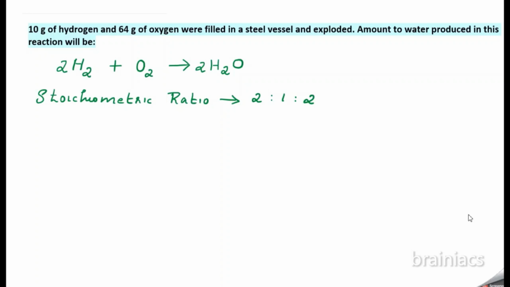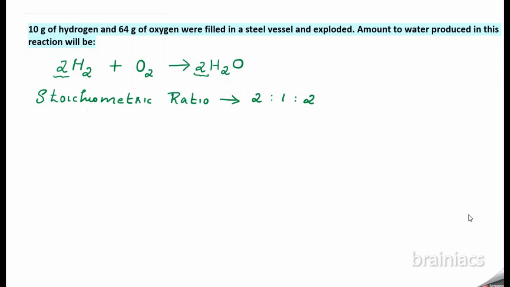So here it is 2, here it is 1, and here it is 2. So that is 2 is to 1 is to 2. Now what is the importance of finding the stoichiometric ratio? With this I can write my standard relationship. I now know that 2 moles of hydrogen need 1 mole of oxygen to prepare 2 moles of water. This is a fundamental thing you know.